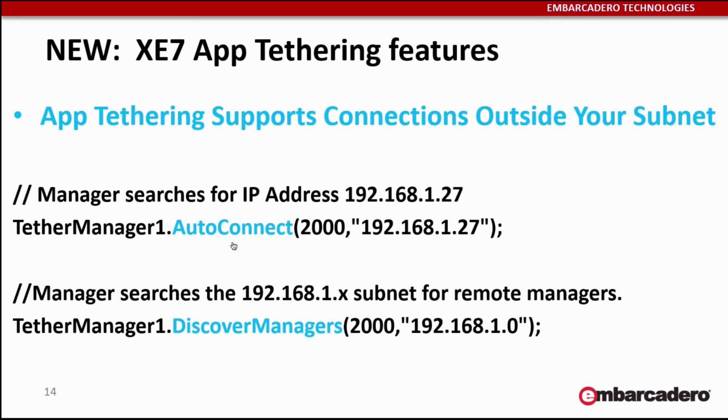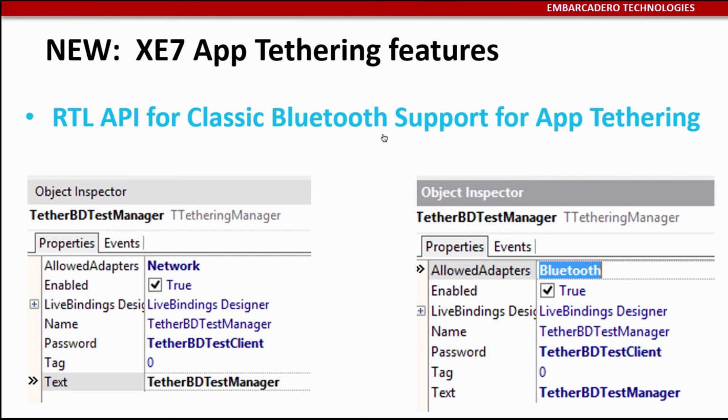The Auto Connect method is good to use as a quick way to connect with all willing remote managers. And the Discover Managers method is the method to use if your app needs greater control over which remote managers to pair with.